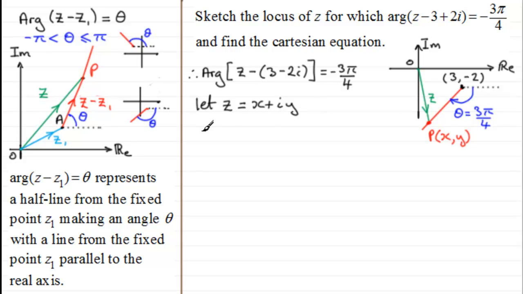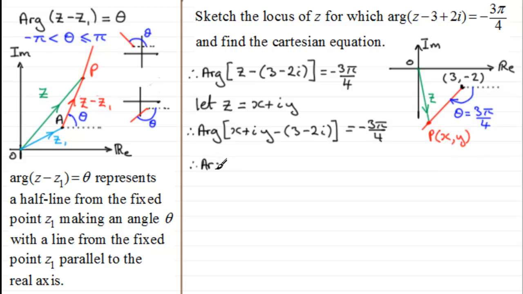And for this question, it means that we've got the arg of, instead of z, we're going to write x + iy, then minus (3 − 2i), okay, equals −3π/4. Now, I'm going to group together the real and imaginary parts.